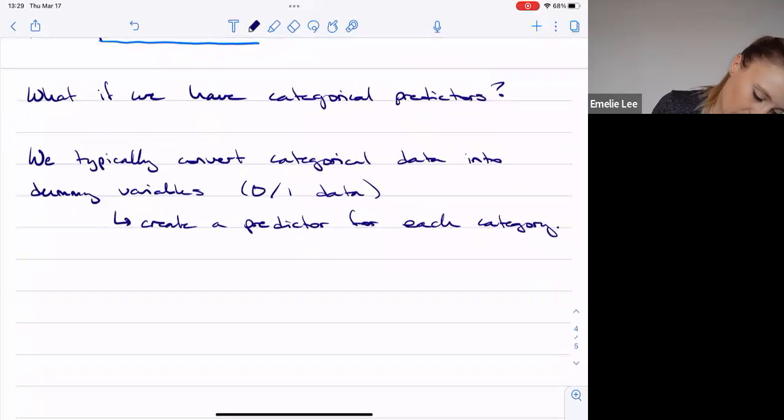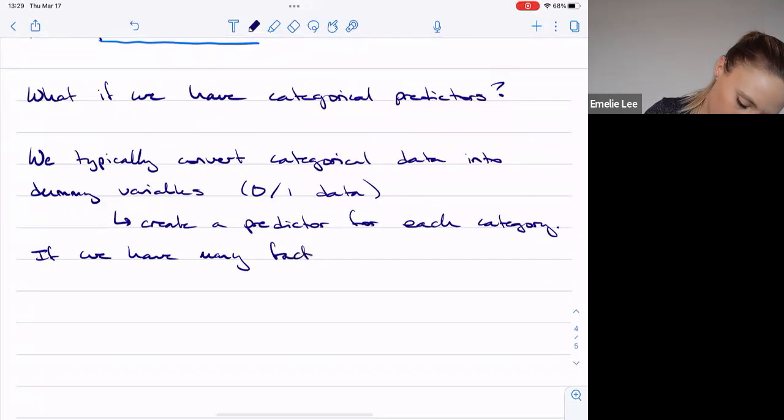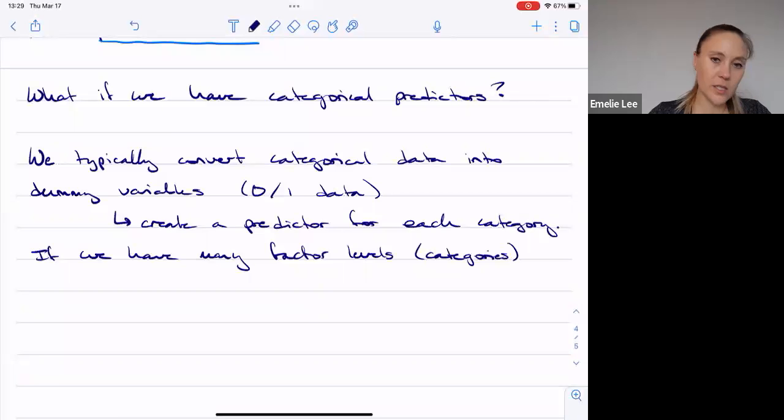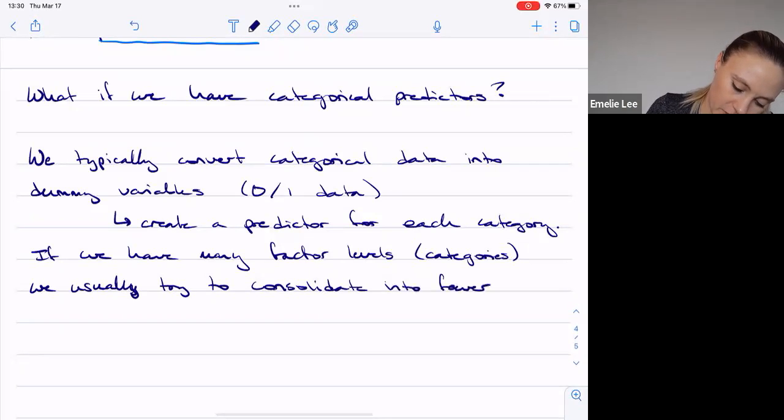So if we have many factor levels, they're called, or many categories, many factor levels, which are categories, we usually try to consolidate into fewer categories. And it depends on how your data was recorded.